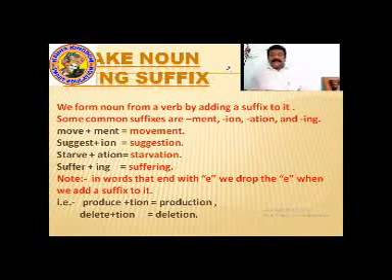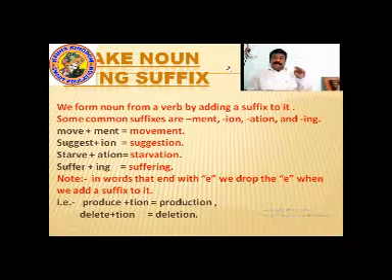Note that in words that end with E, we drop the alphabet E when we add a suffix to it. This is a very important thing to be noted. Write it down. We have seen the example of produce plus tion.